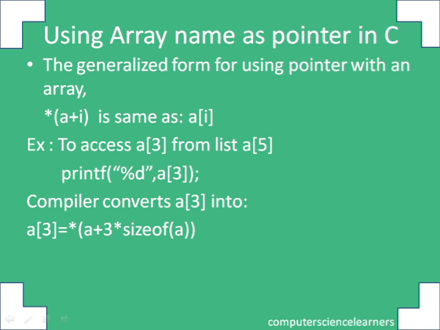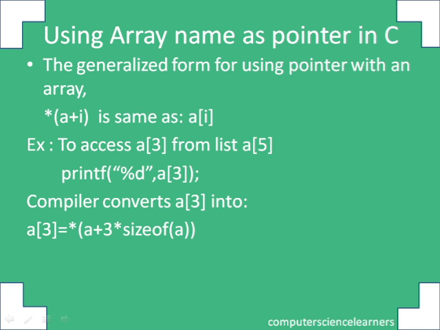So this is the regular process done by the compiler when you try to access the array elements. The compiler cannot understand a of 3, a of 5 or a of i. It internally converts, it takes the base address and the index value and multiplies it with the size, so that it gets the address and through that it gets the value.